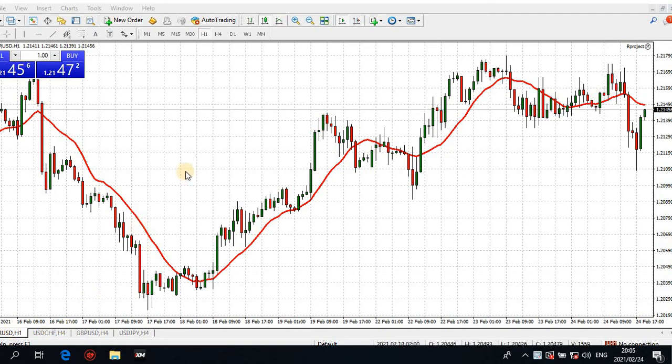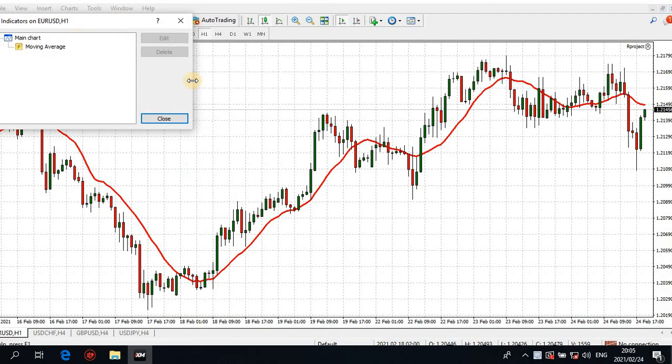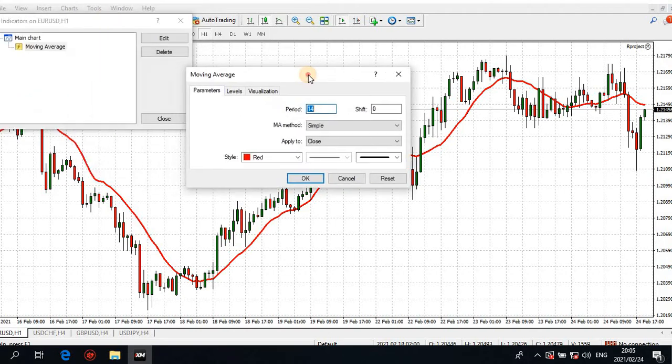As you can see, the moving average, my moving average, I'll go to the indicators list. You can see this is my moving average, period 14, shift 0. What happens with this setting, guys, is that when you say period 14 on moving average, you are simply telling it to use the information from the previous 14 candlesticks.